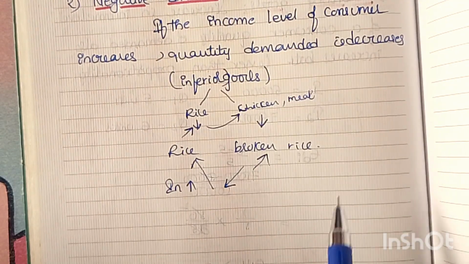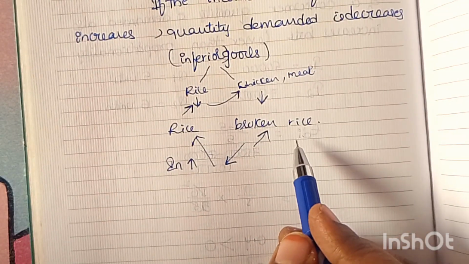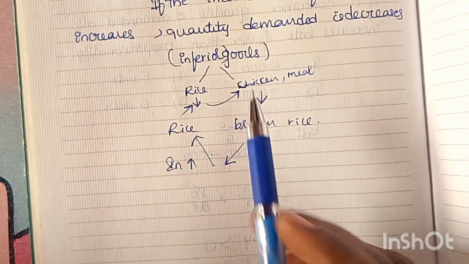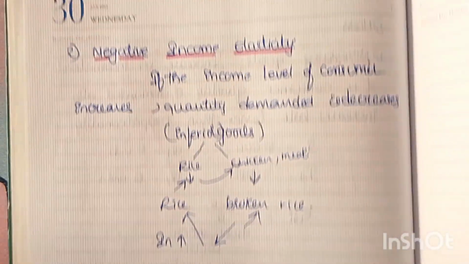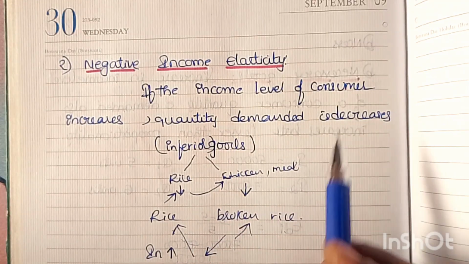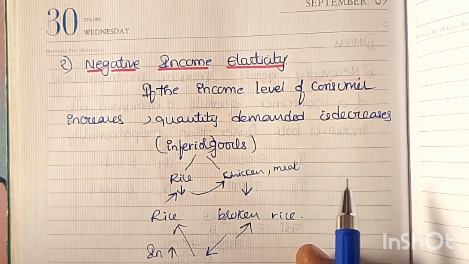So here the broken rice is an inferior good. So in this kind of nature, the relationship between the income level and the quantity demanded is a negative relationship, okay. So we can understand this with an example.